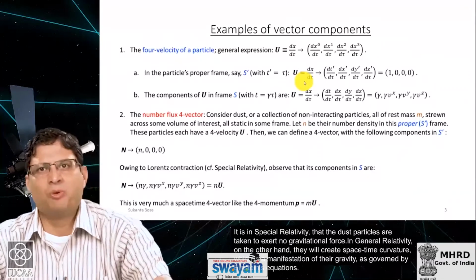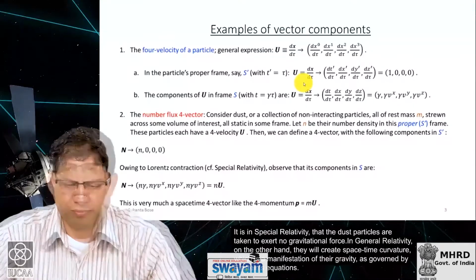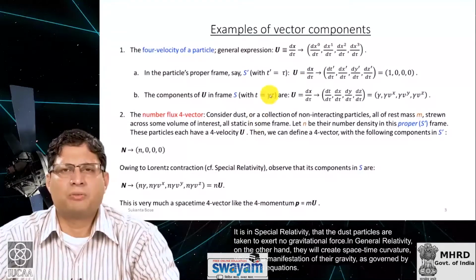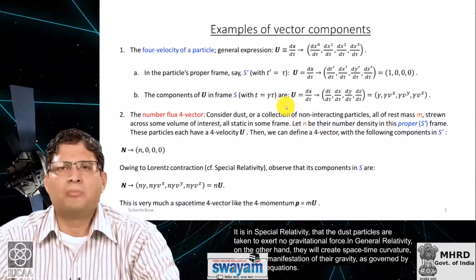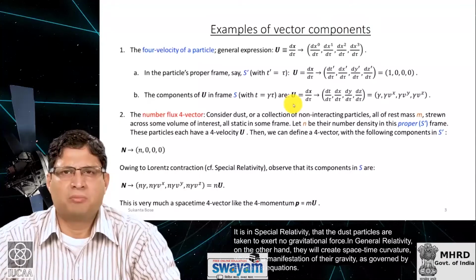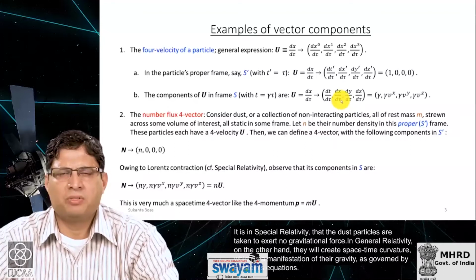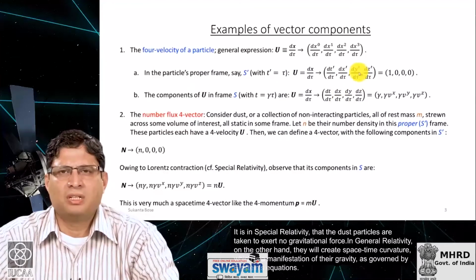So, the frame that is moving with the particle, okay, that is the proper frame. So, in that frame, the particle does not change its position, namely x prime, y prime, z prime, are fixed.